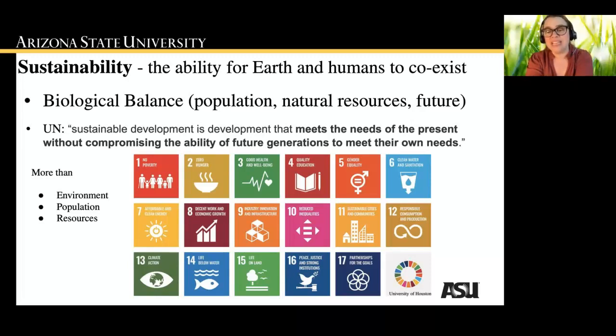When we look at these things as a partnership, we may finally be able to have a biological balance of our population with the natural resources while still allowing future generations to continue to exist on Earth.